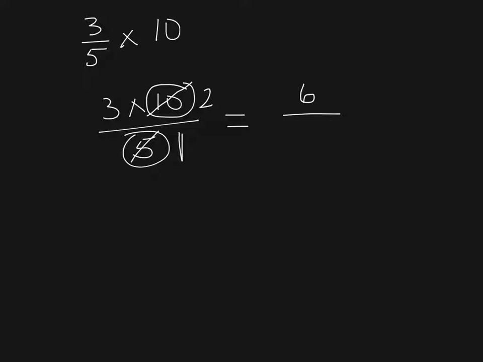And my denominator has now changed from a 5 to a 1, and so 6 over 1 is my improper fraction, which of course is just equal to 6. 6 divided by 1 will be 6, which is the same answer we got last time. I did not have to multiply and get numbers that were quite so large.